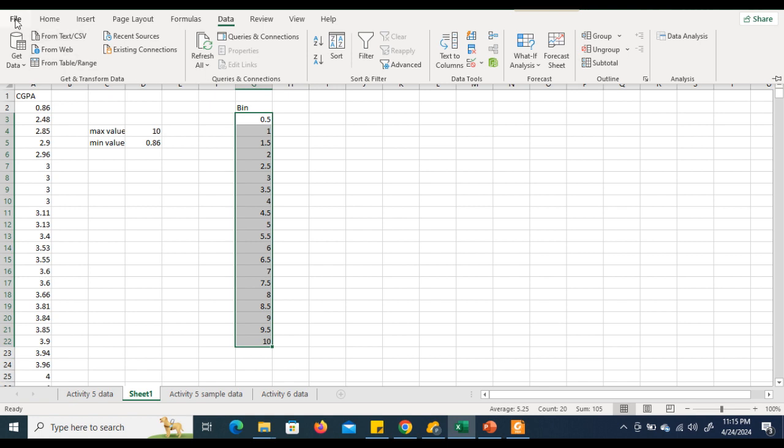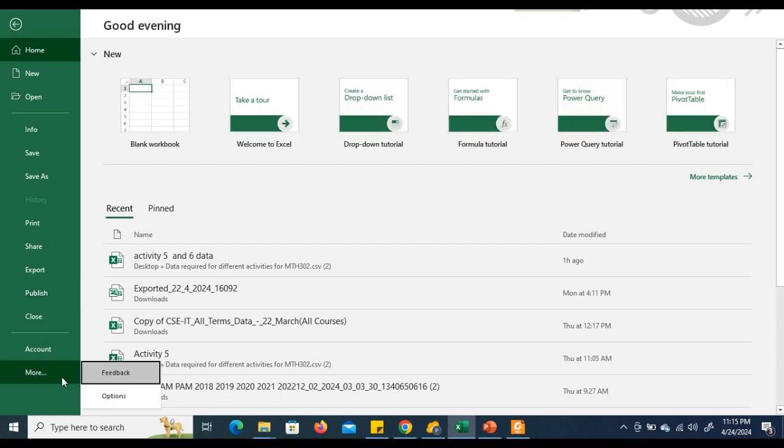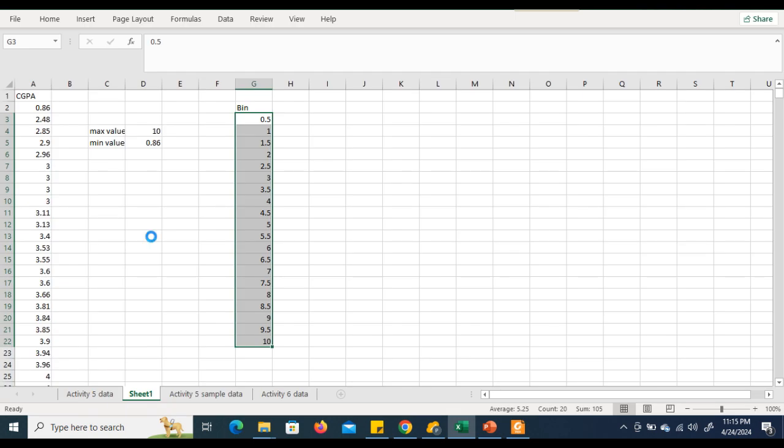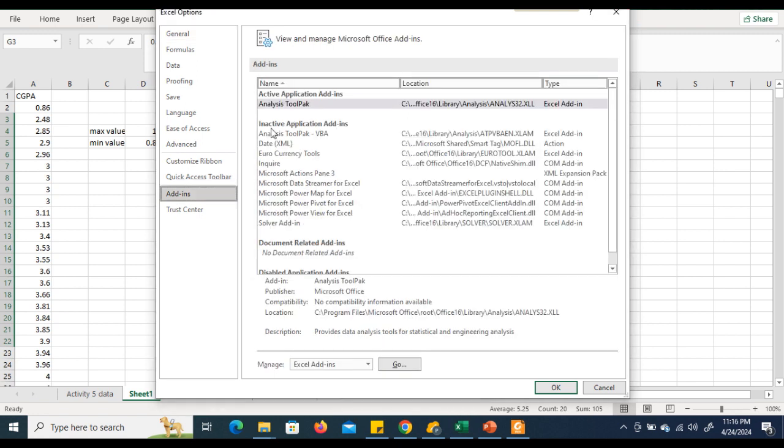You can go to File, and there is an Options choice. You select it, go to the option of Add-ins, and then you need to check that we need to add this Analysis ToolPak.